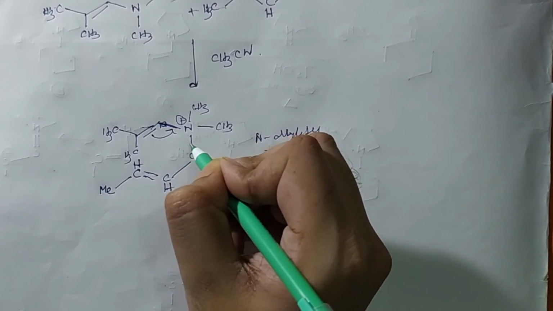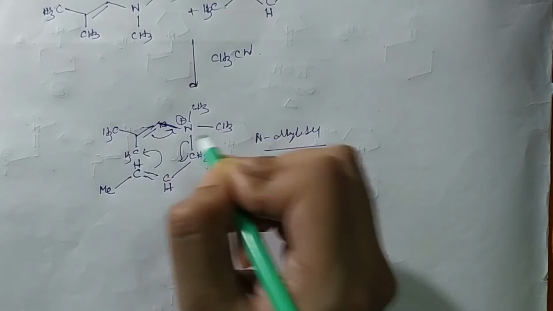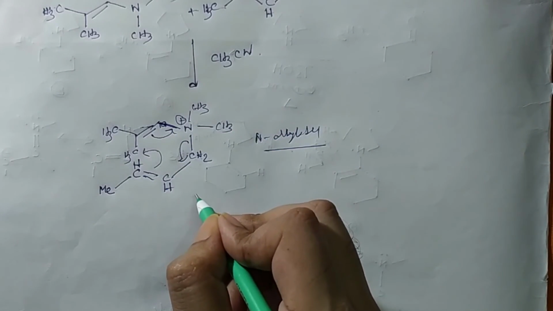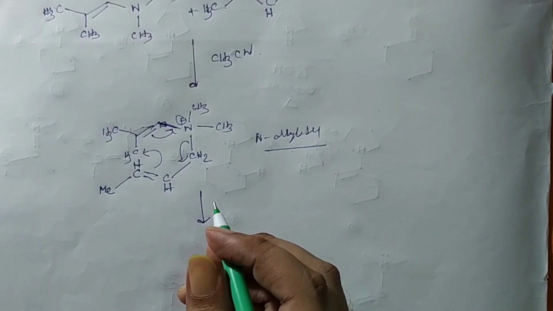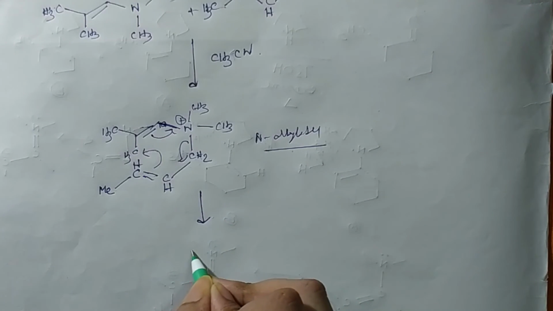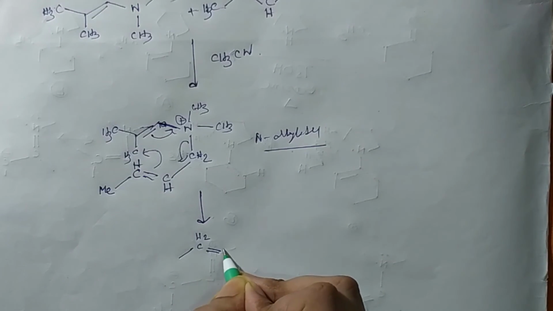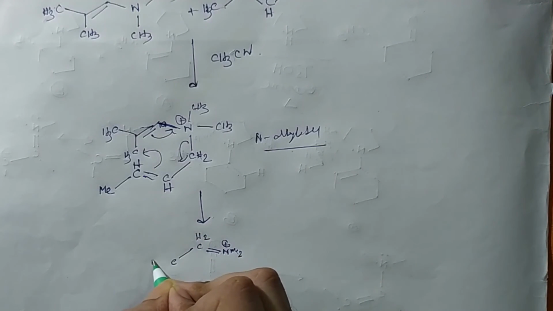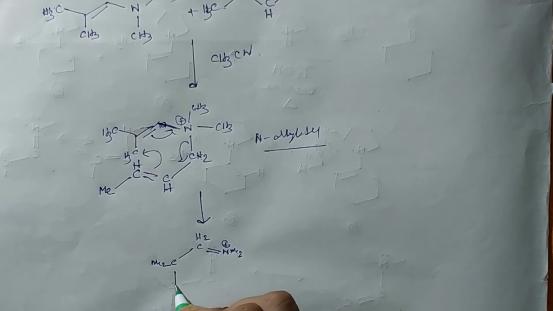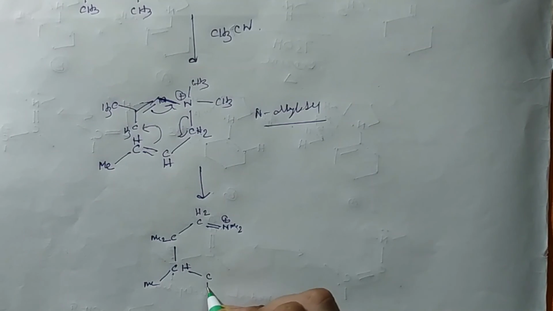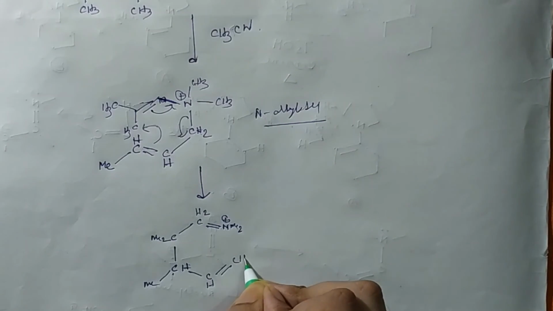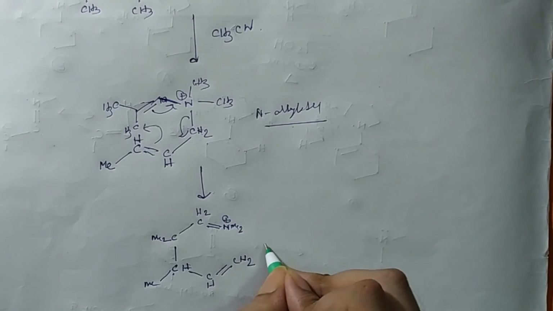This lone pair goes here, this comes here, and this forms a C double bond C. So we get a rearranged product, and there is a newly formed C double bond C. After that, hydrolysis takes place.